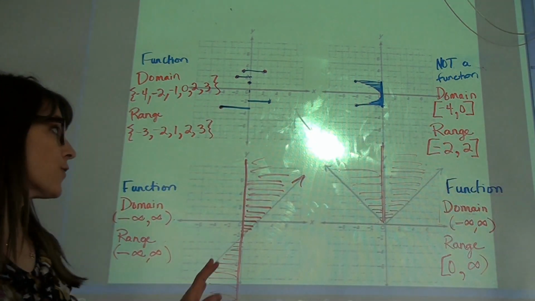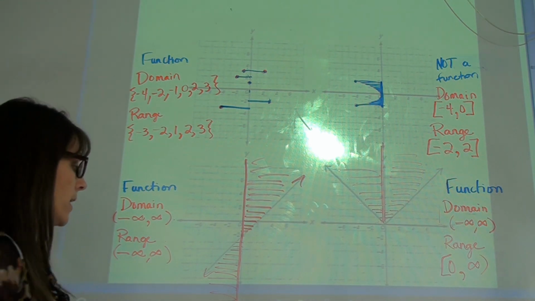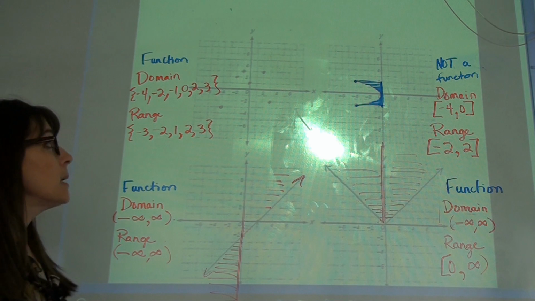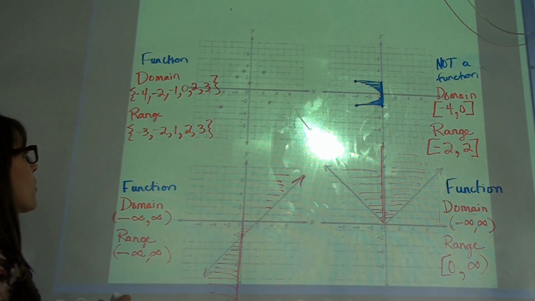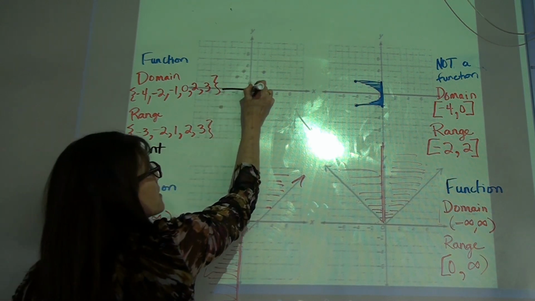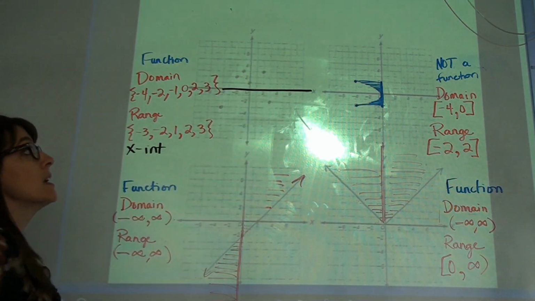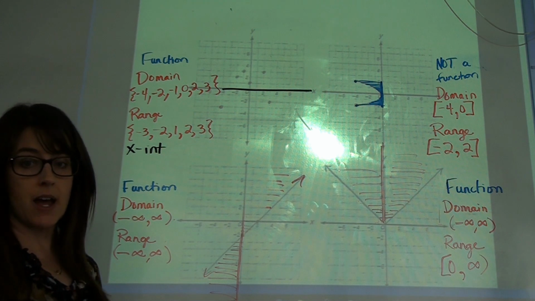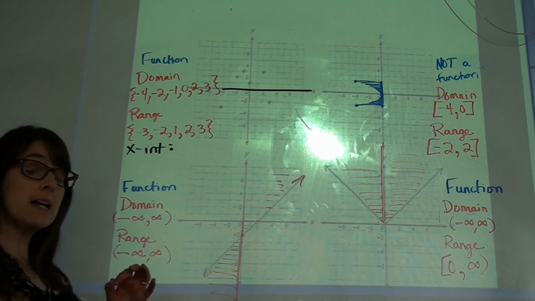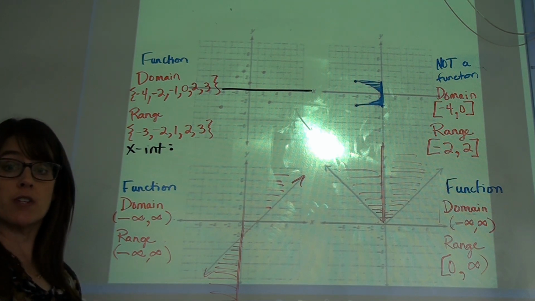Now the last task for us on this was to be able to find our x and y intercepts. So let's take a look at this one. Keeping in mind that my x-intercept is where the graph crosses the x-axis. Here is my x-axis. Where do these individual points cross that x-axis? You're right, they don't. And remember, by definition, it has to cross that axis.